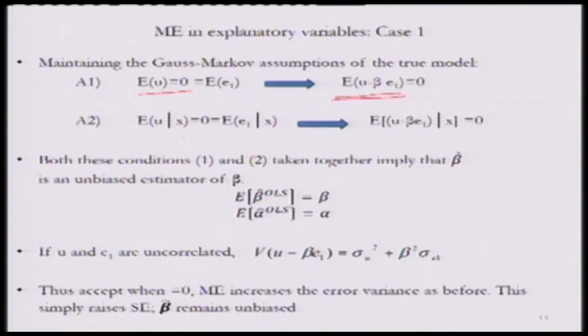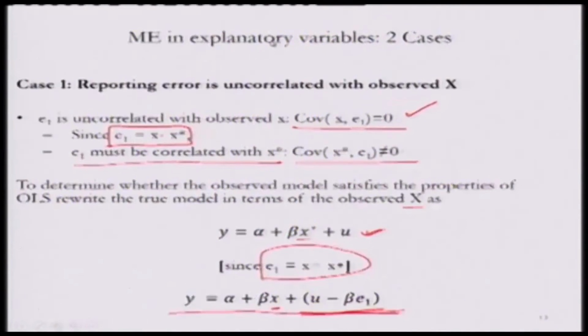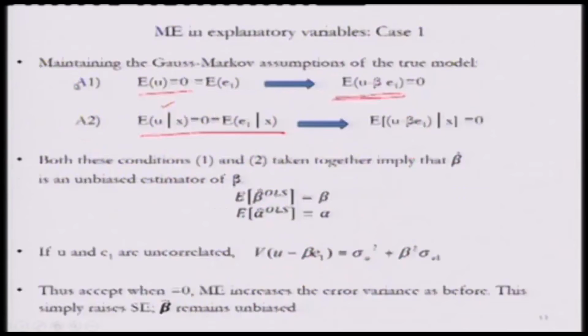The second assumption is that of conditional independence, and once again we assume that the expectation of u given x is equal to 0; we maintain that assumption from the true model. And we just saw on the previous slide that case 1 is about the assumption of independence of x and E1. So, x and E1 are not correlated as per the first case.